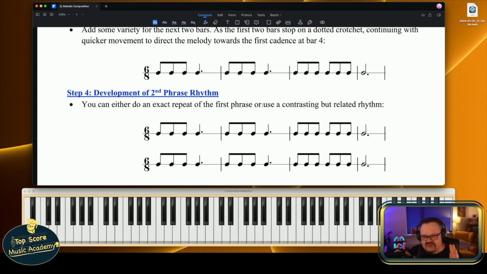There isn't any sort of sense that there's a direction or a purpose or a structure to their melody. So we want to avoid that by suggesting a harmonic structure, but also suggesting a rhythmic structure, that there's some sort of relationship between the second phrase and the first phrase. And that's what we have here, a very close relationship, because it is just copying exactly the same rhythm as before.